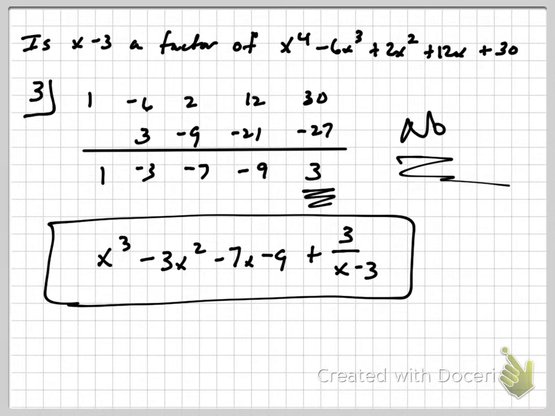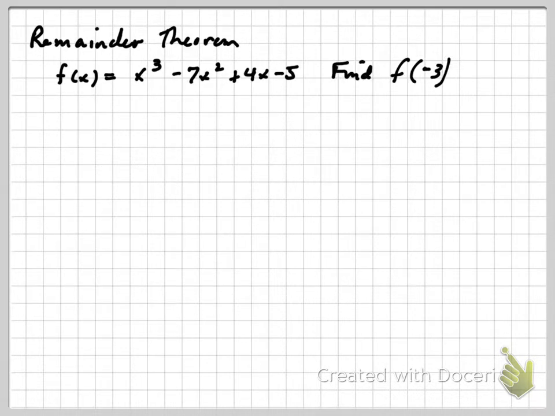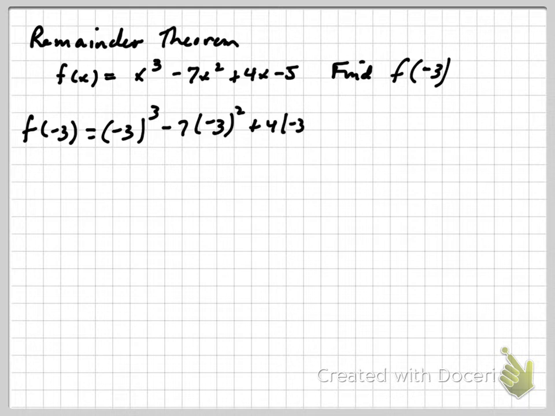All right, hopefully you paused me. The remainder theorem. Well, I want to show you what happens if you do the other way and you just plug in f of negative 3. Wherever you have an x, you put a negative 3 in place of it. You get a negative 27.